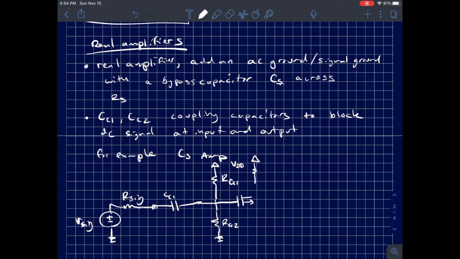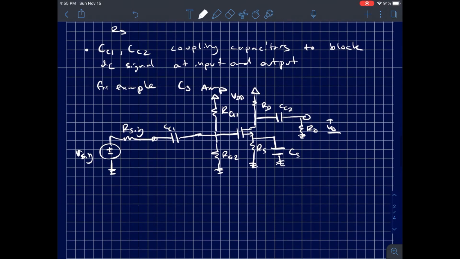That's the voltage source. This is RD, and then here I've got RS to ground, and then I have a bypass capacitor, CS, and then out from the drain I have my second coupling capacitor to the actual output where I would connect my RL, and so that would be where V0 gets measured.